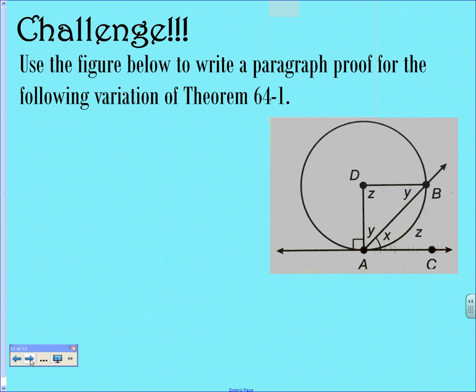Alright, so let's look at a challenge question. You don't have to actually write a paragraph of proof. I just want someone to be able to explain it.